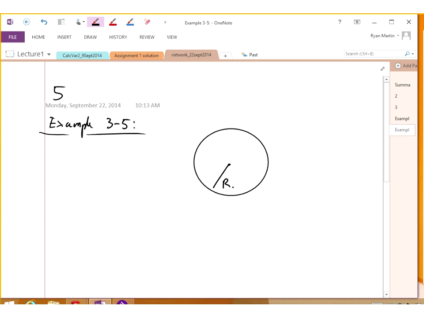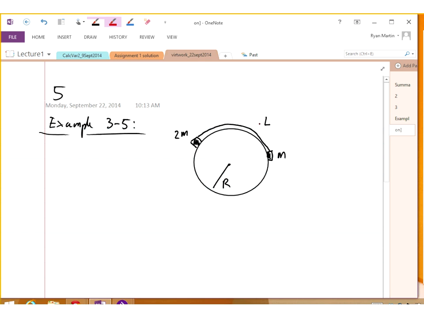So we have a sphere of radius r, and we have 2 masses that don't have any friction with respect to the sphere. And they're connected by a rope of length L. The mass on the left has a mass of 2m, and the mass on the right has a mass of m.